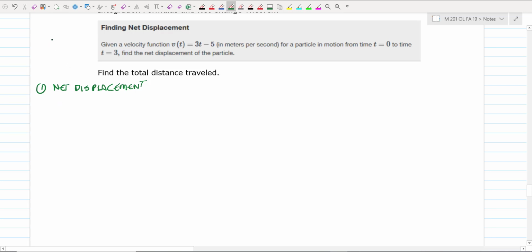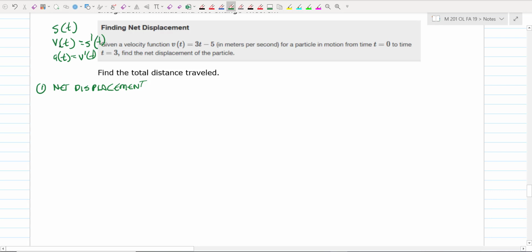Okay, so all you're doing is going backwards. You remember v of t, the velocity, is the derivative of the position function, s prime of t. You do the derivative of s, you get the velocity, and then remember the acceleration is the derivative of the velocity. So we're going in reverse.